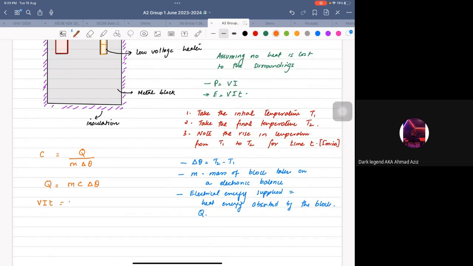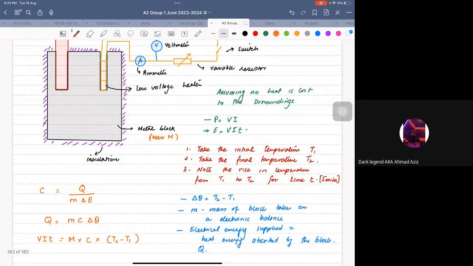Mass would be, let's suppose you have taken m, so write m, and then c is what we need to find, and delta theta will be T2 minus T1. That is what we need. This way you can find the heat capacity of this particular metal block. If you have any questions, please let me know.